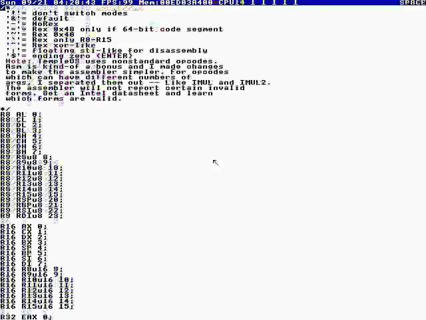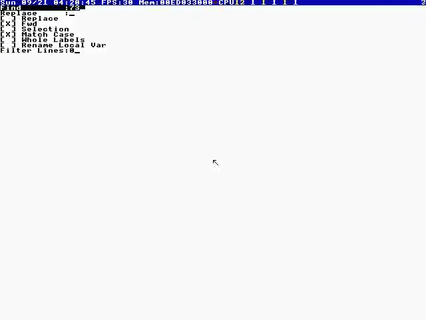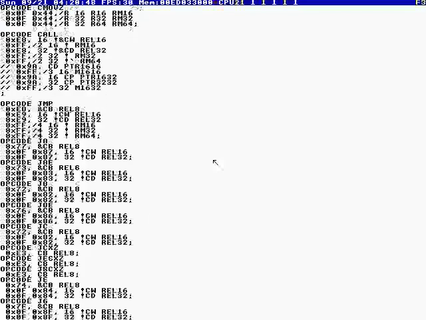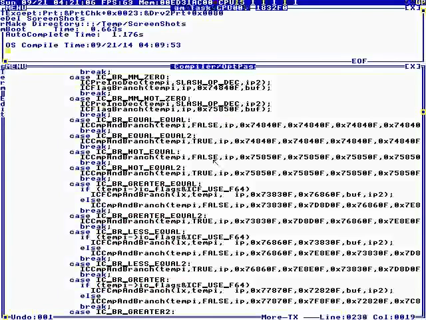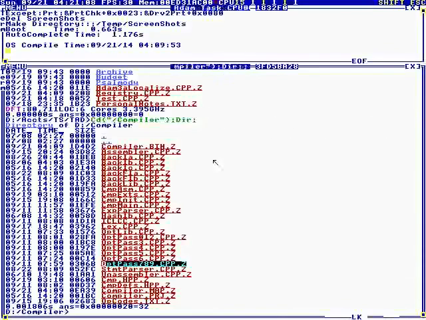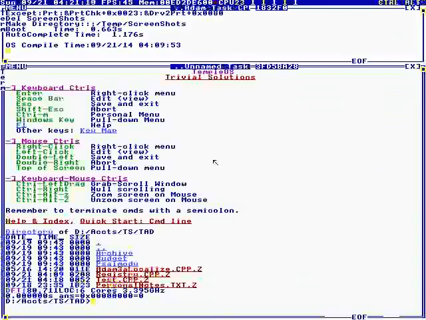If we go to the opcodes 73, jump above or equal. The other one was 86 or 7. I don't remember. 76. Below or equal. Anyway, so above or equal. I think it's the. Oh well. So how about that?